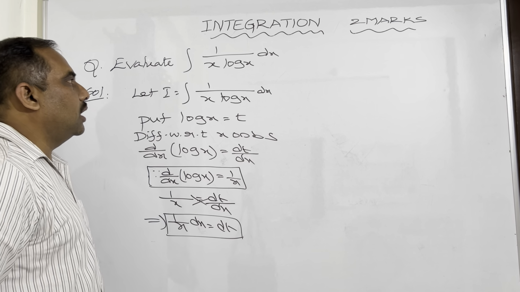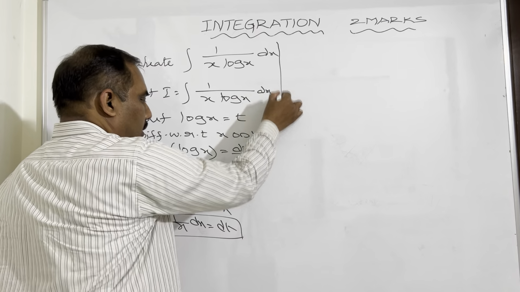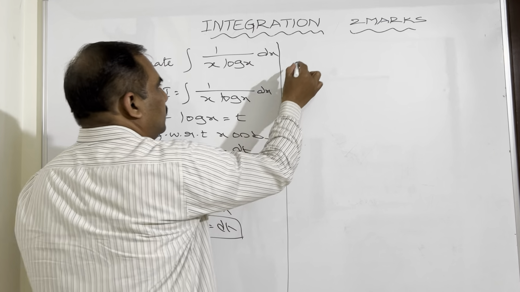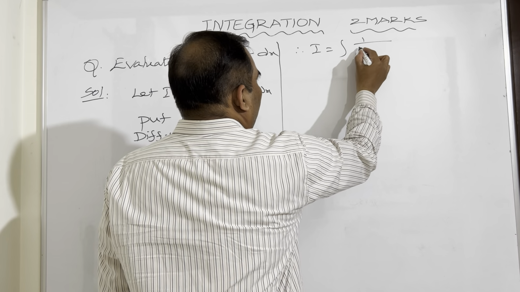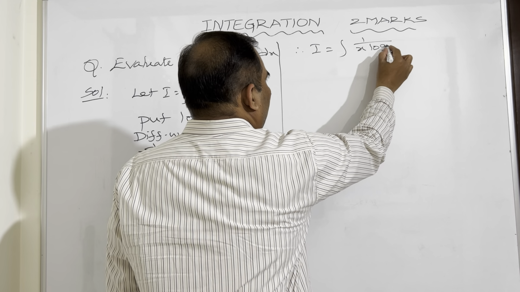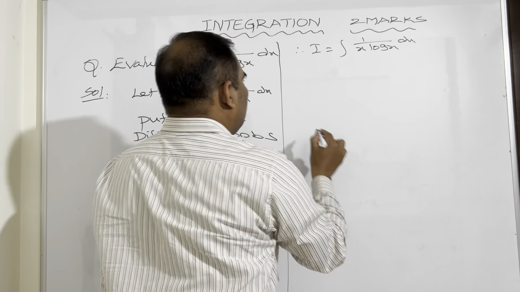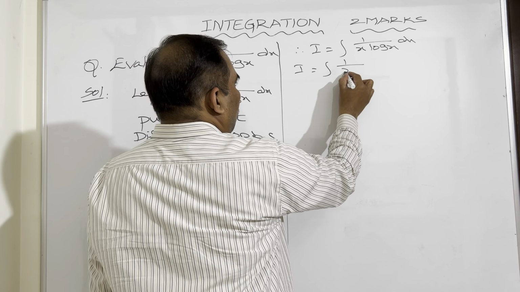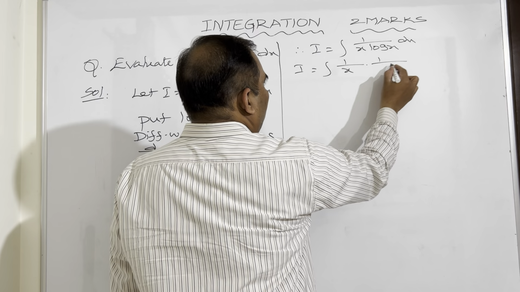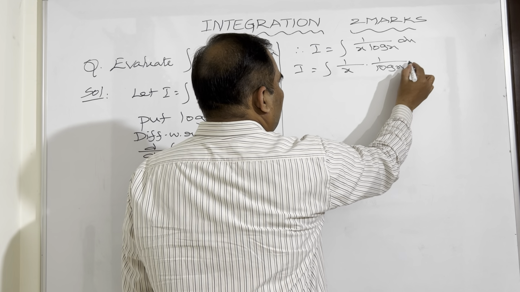So now what is the given integral here? The given integral is, therefore, I is equal to integral 1 by x into log x dx, which can also be written as I is equal to integral 1 by x into 1 by log x dx.